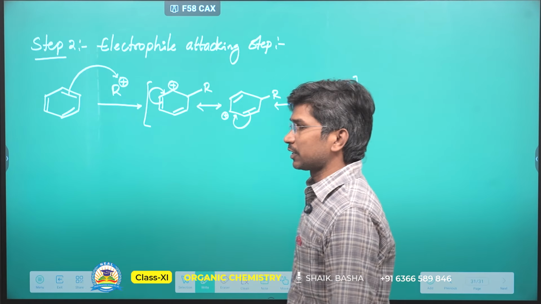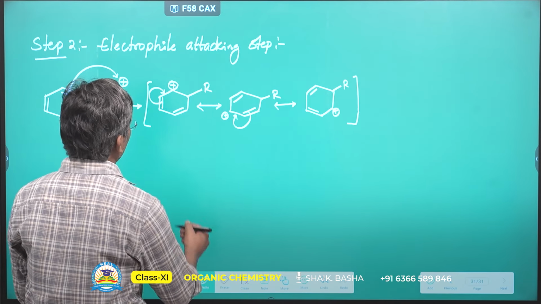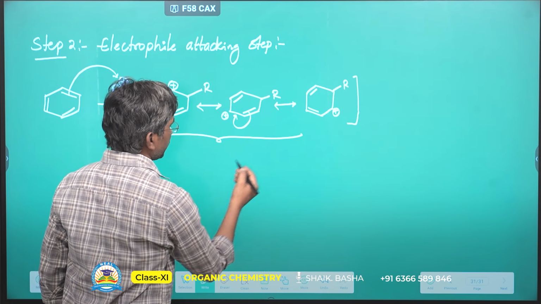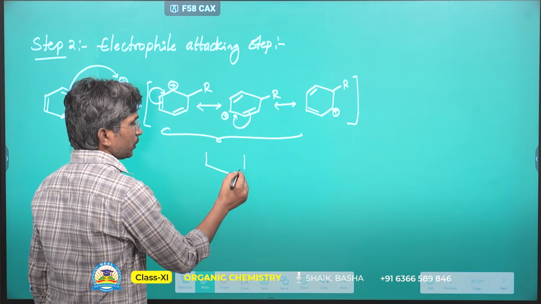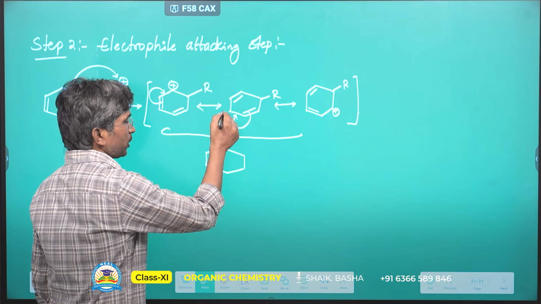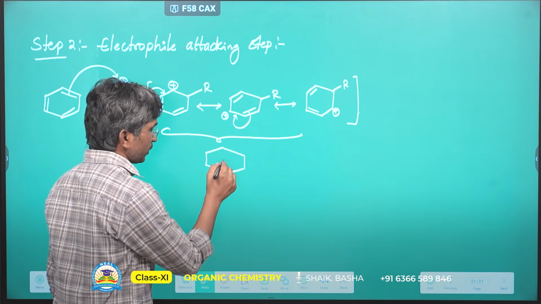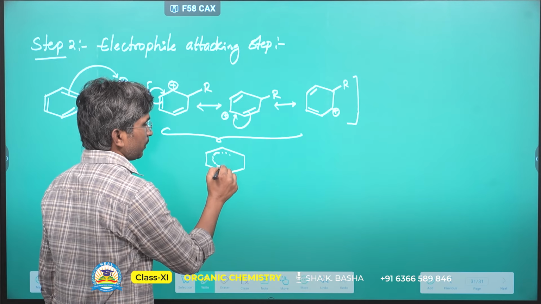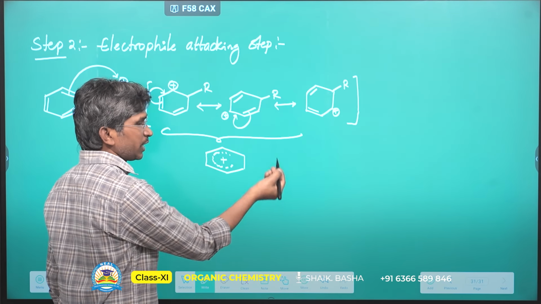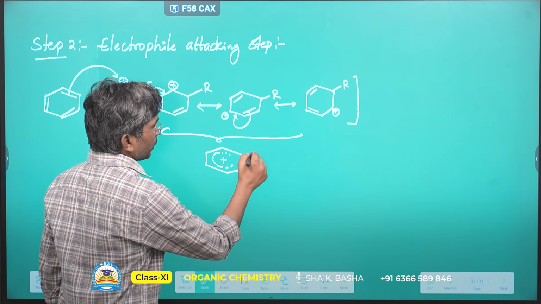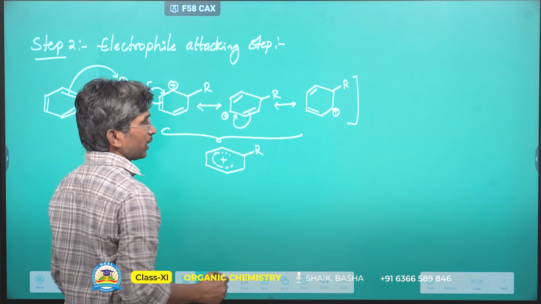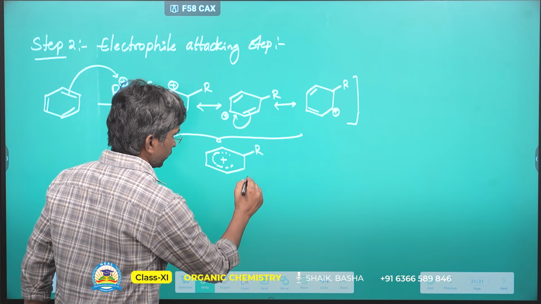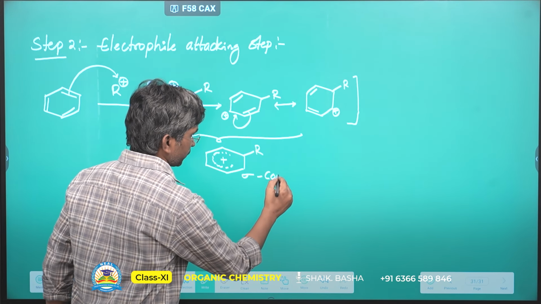These 3 resonance structures are represented by the sigma complex. From this, what did you understand? The positive charge position is changing due to resonance. That means electrons are delocalizing by changing the position of the positive charge. So we can represent it like this. This is called the sigma complex.